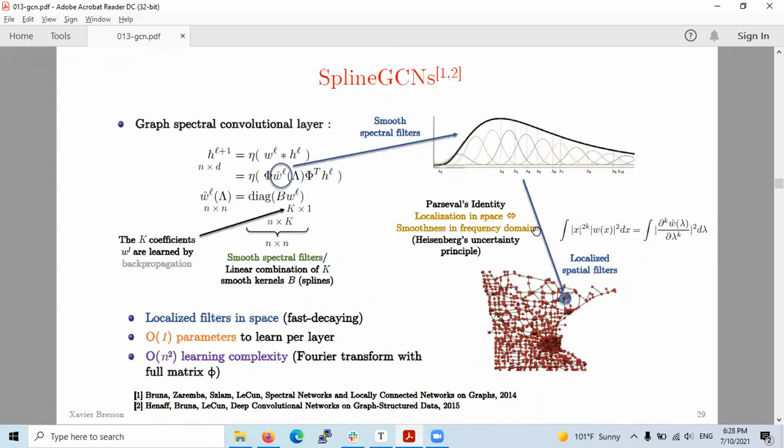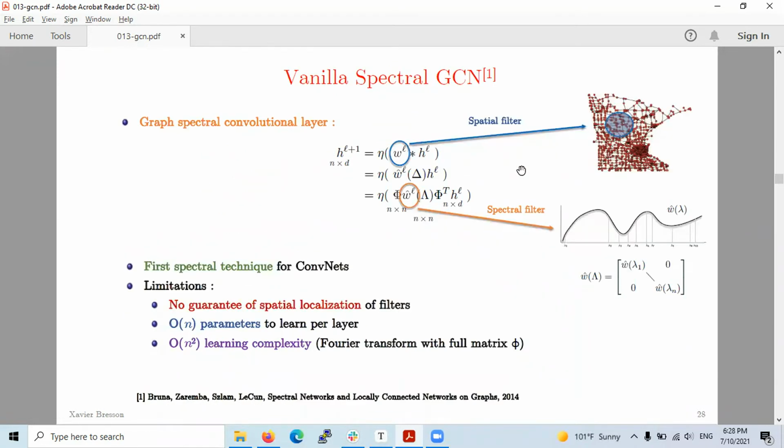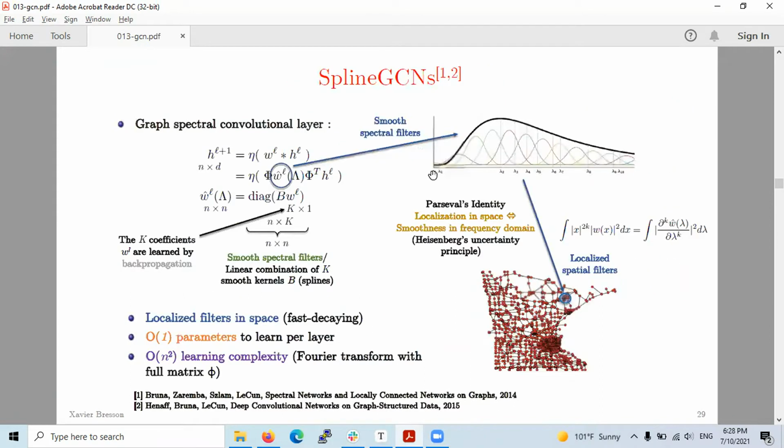What these two papers try to do is, instead of having something to learn out of the blue, like W, they define certain signals in the frequency domain, and based on that they learn the W of it, the amplitude of those signals in the frequency domain.